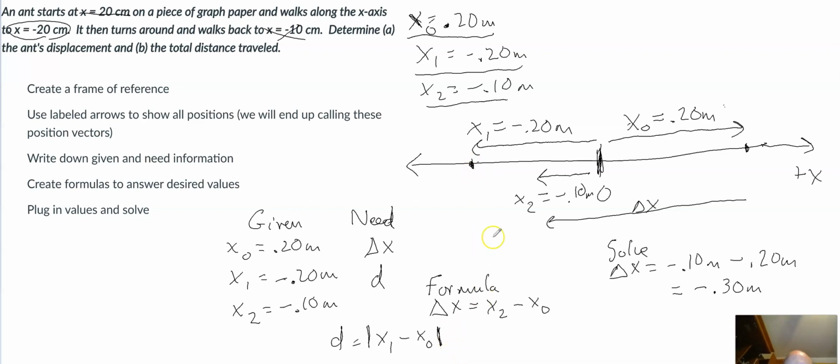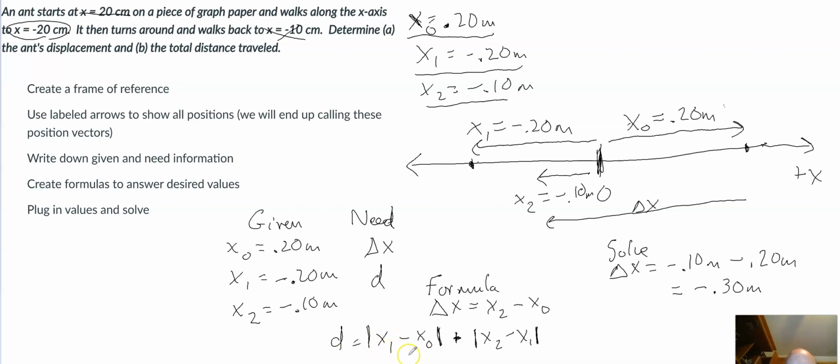Then I'm going to add the motion of going from x1 to x2. So I'm going to say plus the absolute value of x2 minus x1. And these little bars, remember, mean absolute value, right?